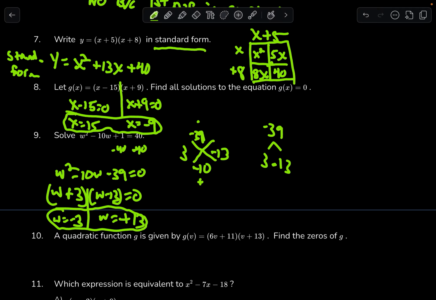I'm going to do it: x equals the opposite of b plus or minus the square root of b squared minus 4ac all over 2a.